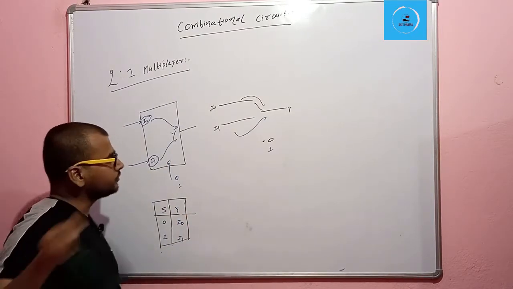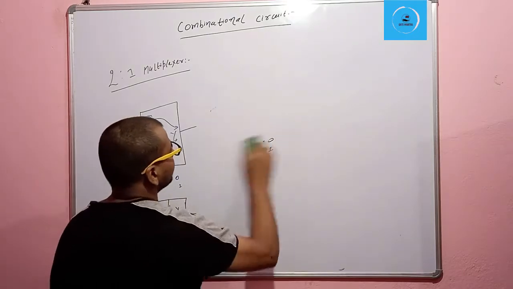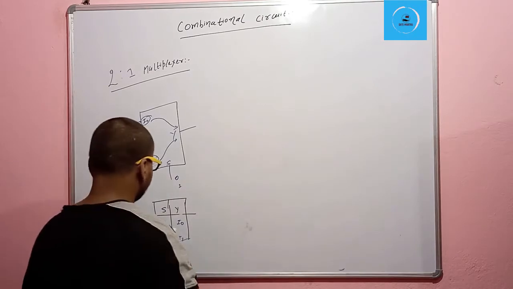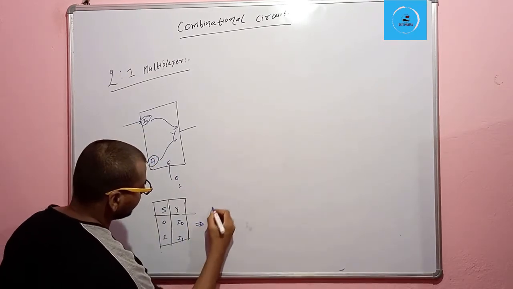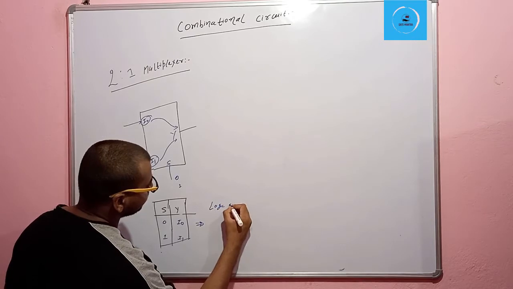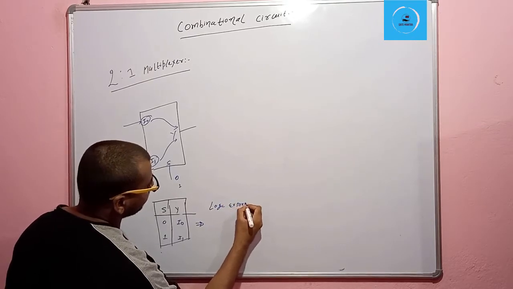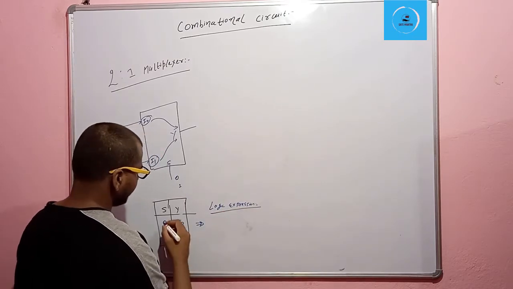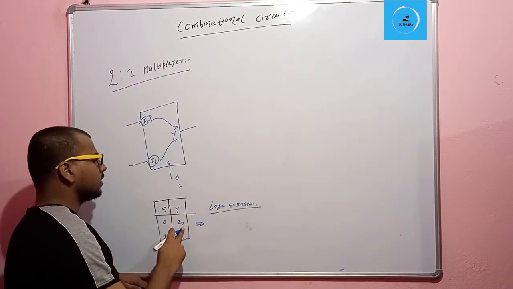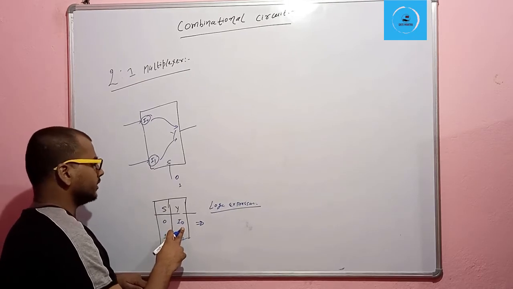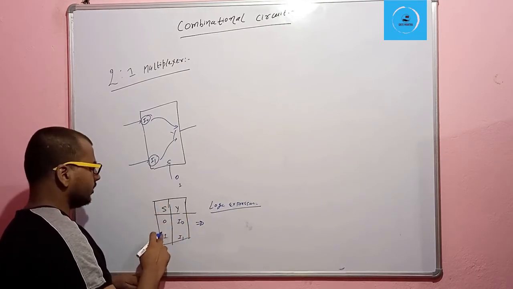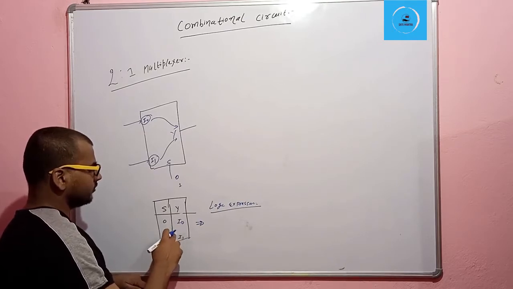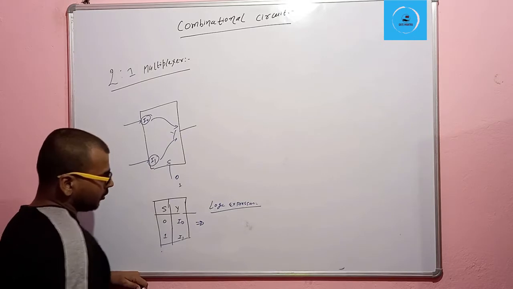Right? So see here how we are going to get the logic expression. From here we can say, when S is 0, we are going to get I0 as an output, and when the switch is 1, or S is 1, then we are going to get I1 as an output.